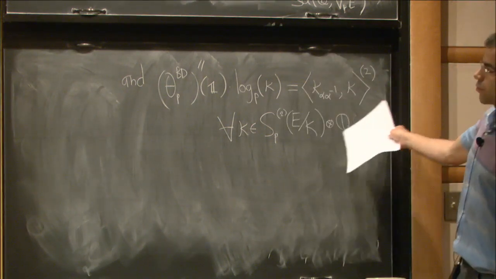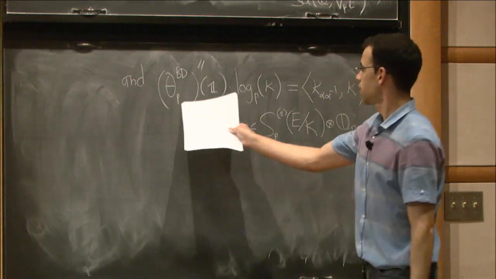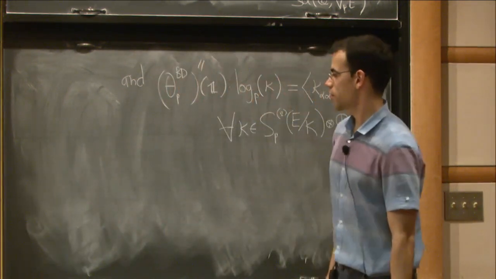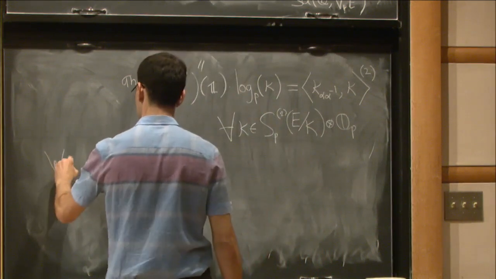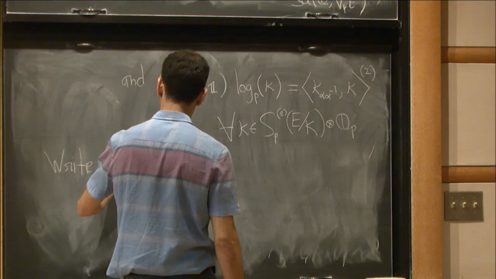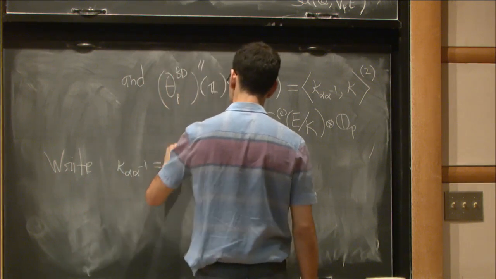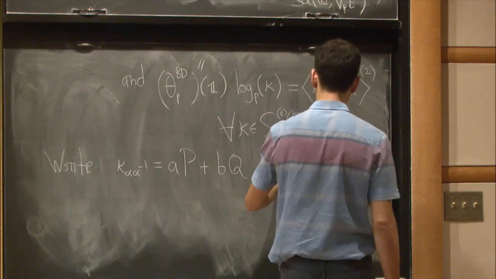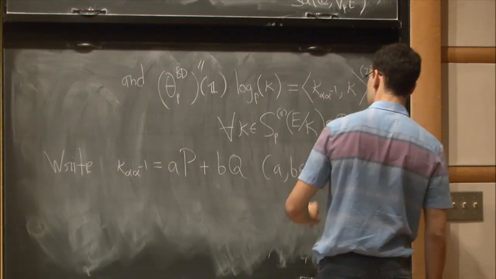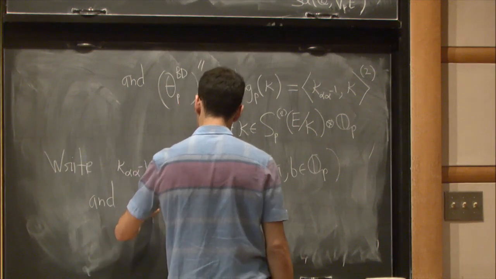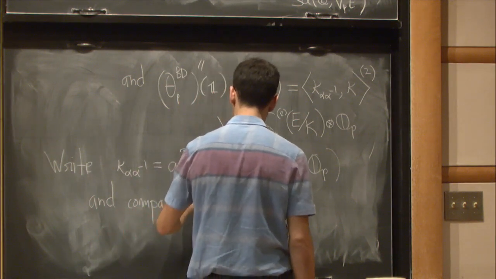So now you have these two different formulas for this, and you get the expression in the conjecture of Bertolini-Darmon, Darmon-Rotger, by just writing in Qp and comparing the two expressions.